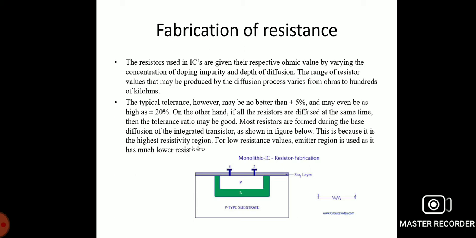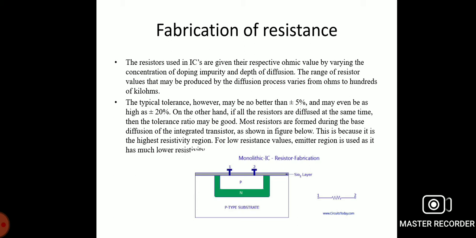Normally chrome is used for this process. The desired geometry is achieved by using the masked etching process to obtain the suitable value of resistance. The ohmic contacts are made using aluminum metallization, which was already discussed in previous classes.